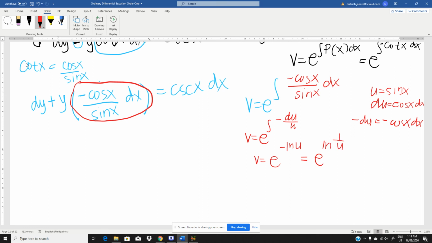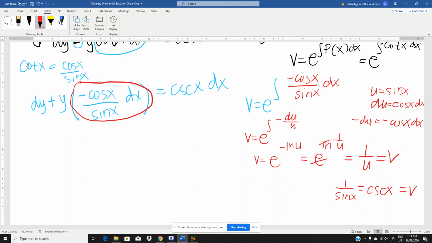So our e and ln will cancel out. So we will have 1 over u as our integrating factor. We know that u is equivalent to sine of x. So we will have 1 over sine of x, which is also equivalent to cosecant of x. Cosecant of x will become our integrating factor.